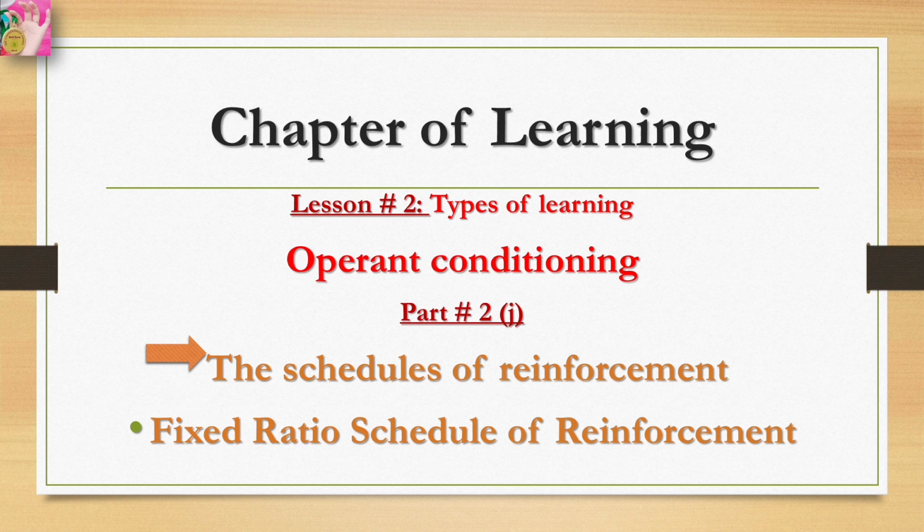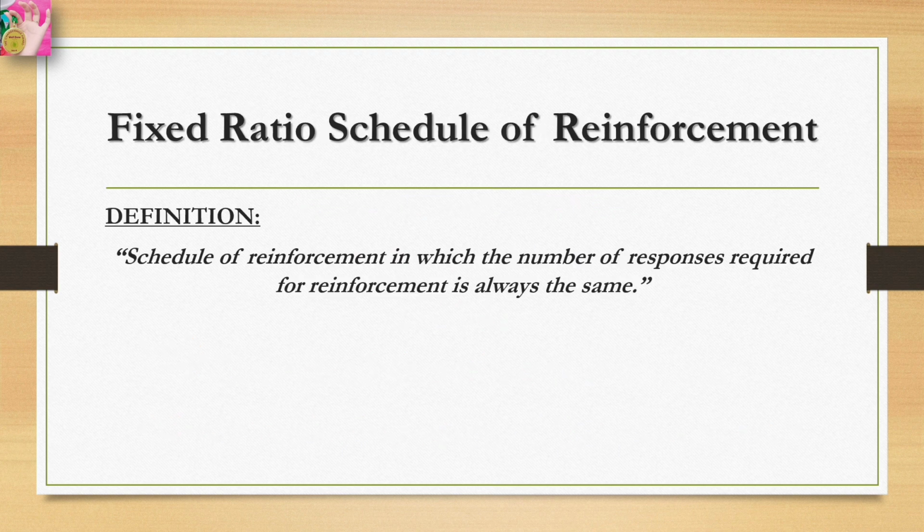In the partial reinforcement effect, the other topics which we will be studying are the fixed ratio schedule of reinforcement, variable interval schedule of reinforcement, and so on. So this is going to be the fixed ratio schedule of reinforcement.